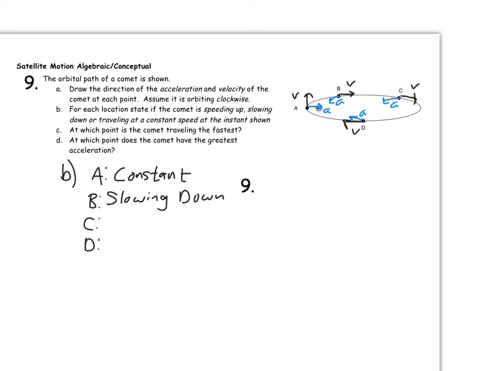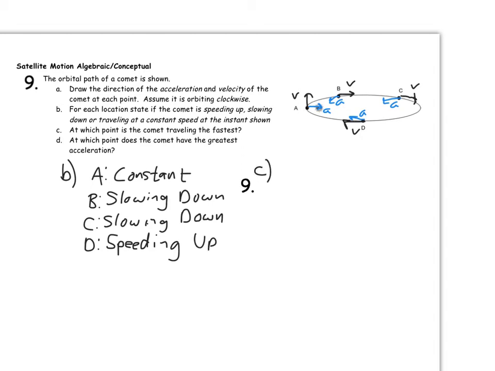Same thing at C. We see once again the acceleration and velocity are almost in opposite directions. It's also turning some, but definitely slowing down. And at D, we are going to be speeding up for the exact opposite reason. We see that our velocity vector is going like that, our acceleration vector is going inwards, but also in the direction of the velocity, causing it to speed up.